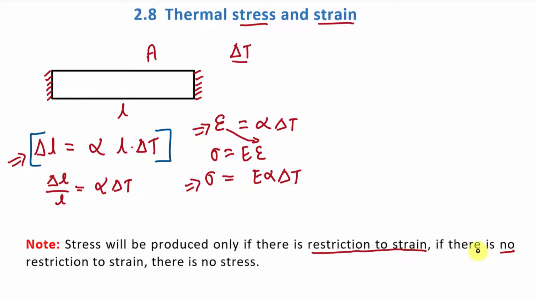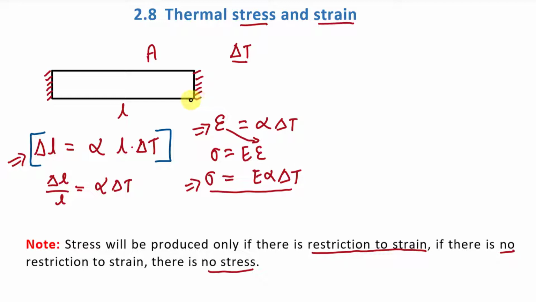If there is no restriction to strain, there is no stress. Here we have restricted the length of this body, so there will be stress in this body, and the value of that stress will be sigma is equal to E alpha delta T, right?